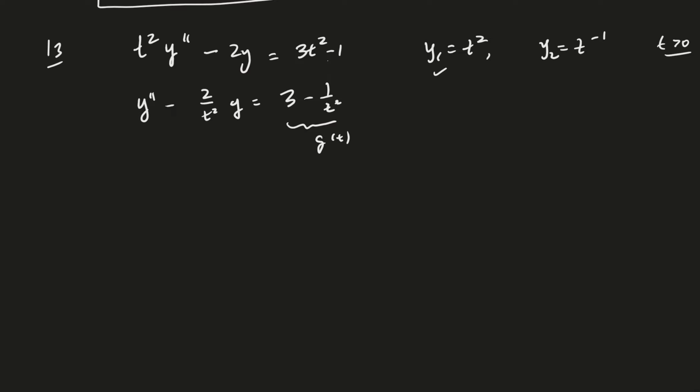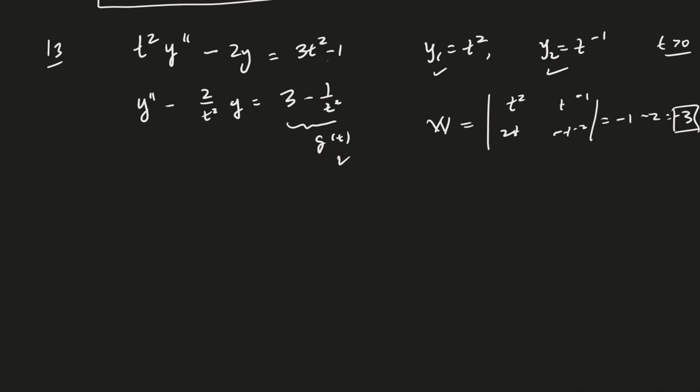Okay, so now I have y1, I have y2, I have my g, and the Wronskian: t squared, 2t, t to the minus 1, minus t to the minus 2. That's going to be minus 1, I guess, and minus 2, so minus 3. The Wronskian's minus 3. Good.